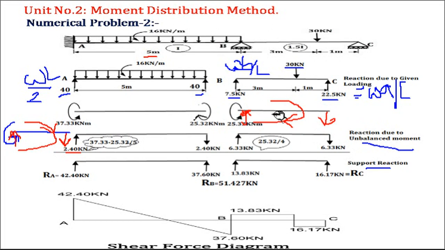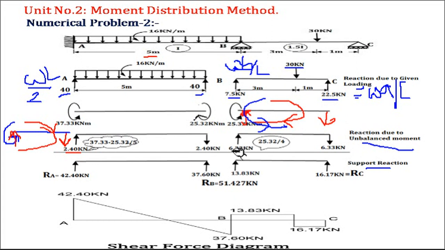This unbalanced moment rotates the structure anti-clockwise and the end reaction rotates it clockwise, so it will be in balance. Or, if you are not sure where the unbalanced moment is acting, there you show the reaction upward and at the far end you show the reaction downward.